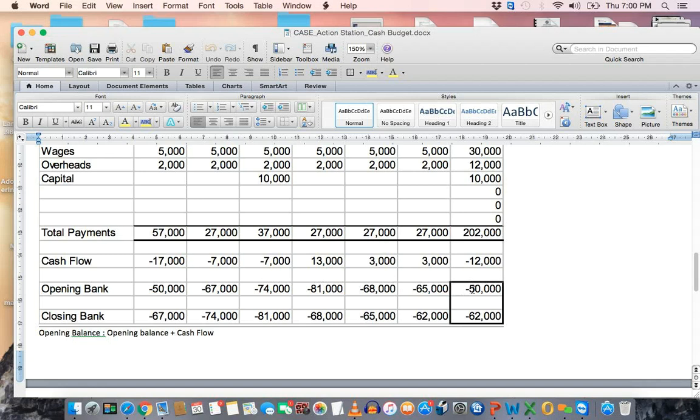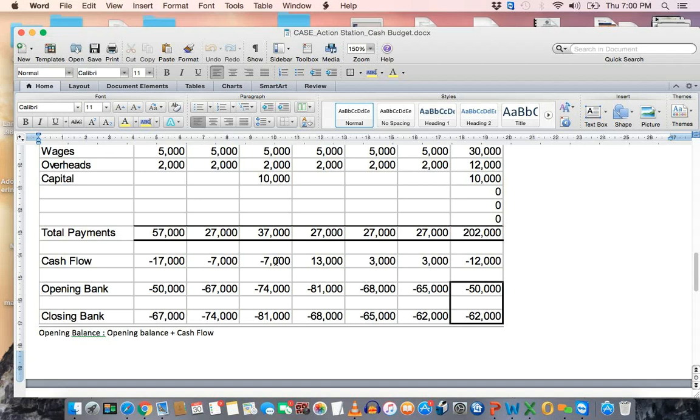But here, when you finish your opening balance, the total will be the beginning opening balance. That's your opening balance, that's not the total. So this should be your opening balance at the end of the day when you calculate your whole 6 months. Now, closing balance is cash flow plus your opening balance.